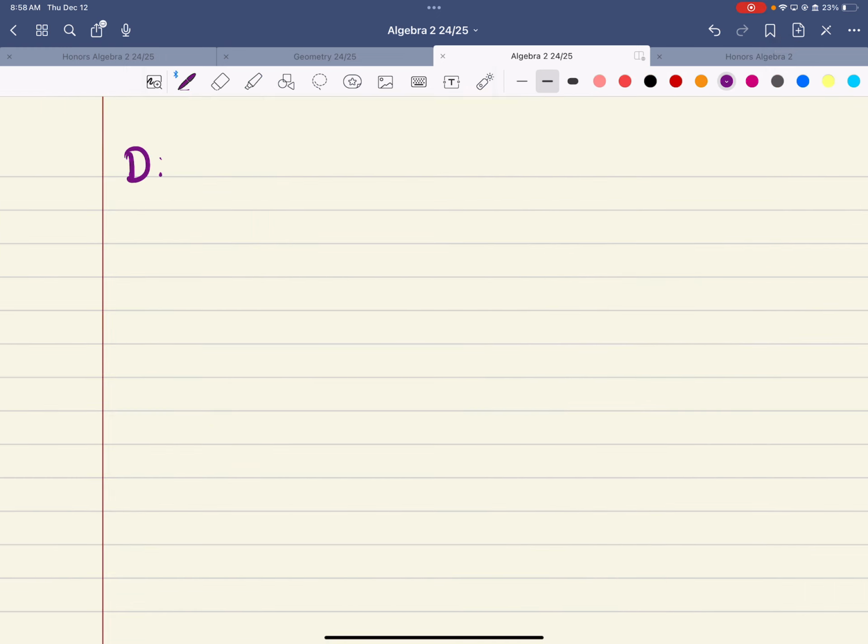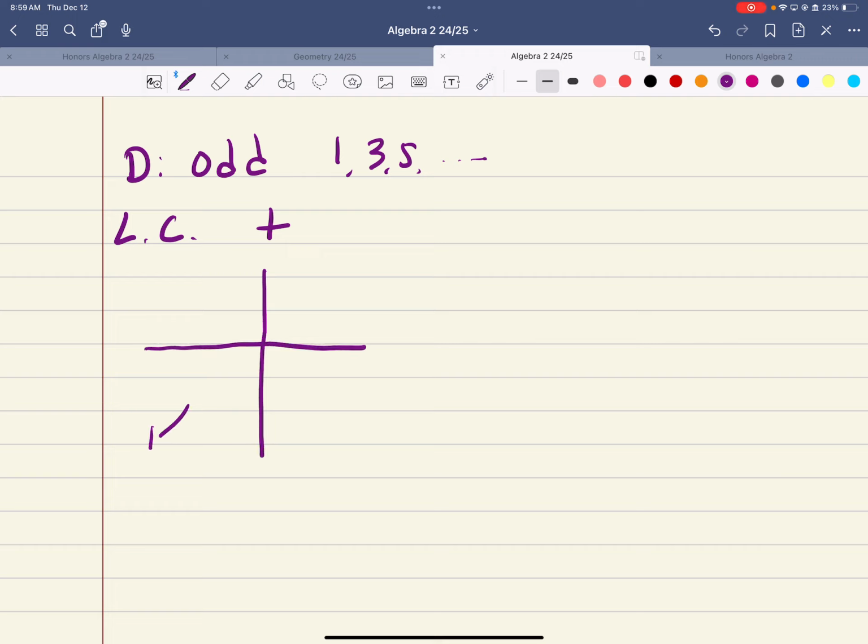If the degree is odd, so 1, 3, 5, and the leading coefficient is positive, the end behaviors for that one are in the first and third quadrant.